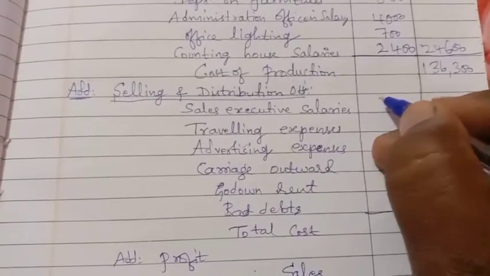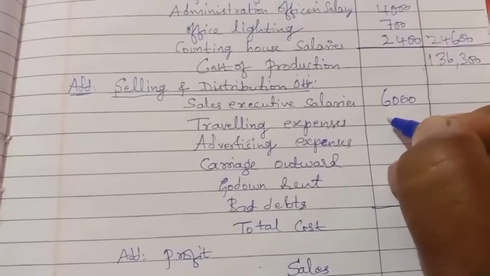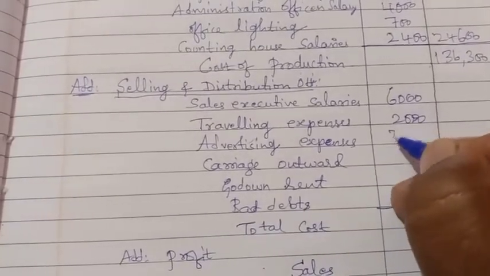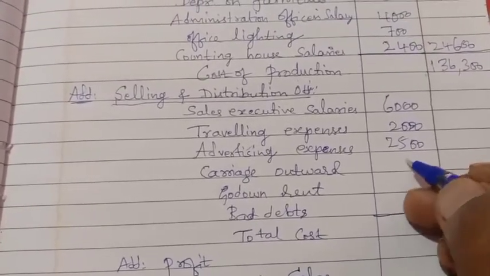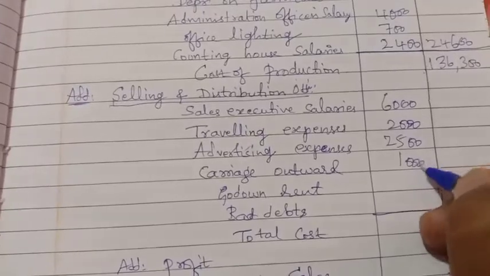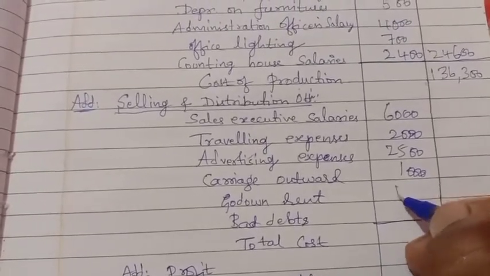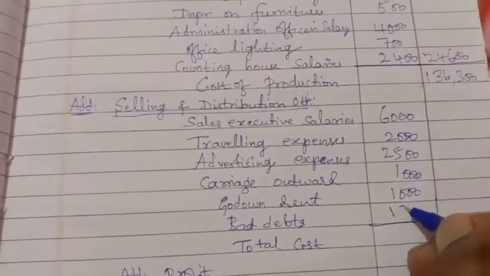Sales executive salary 6,000. Traveling expenses 2,000. Advertisement expenses 2,500. Carriage outward 1,000. Godown rent 1,000. Bad debts 1,200.